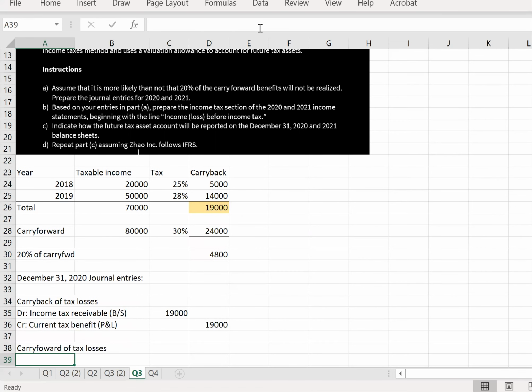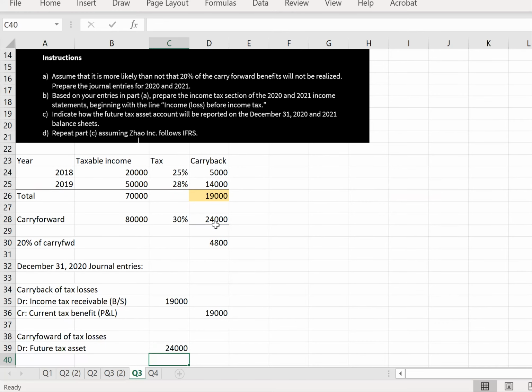So for the carry forward, our journal entry is going to be debit, future tax asset. And this is the terminology in ASPE for a deferred tax asset. In IFRS, we would call it a deferred tax asset. In ASPE, we call it a future tax asset. And this is going to be this amount.